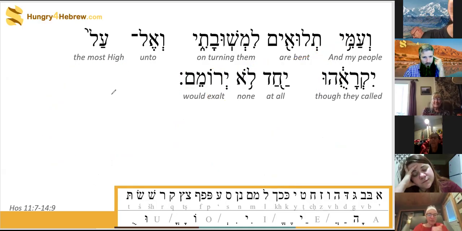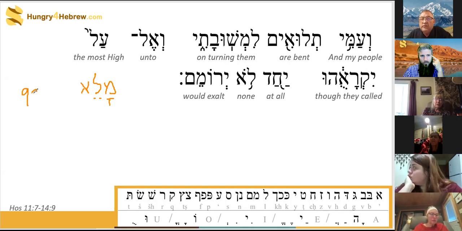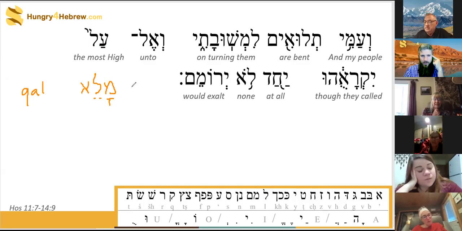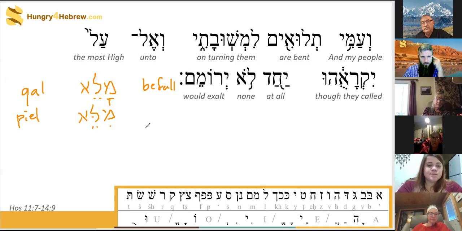Whenever you have a state of being verb, like male, what's male? Like full. It's the kal verb that means to be full. As soon as you put it into the Piel intensive, mile, now what does it mean?